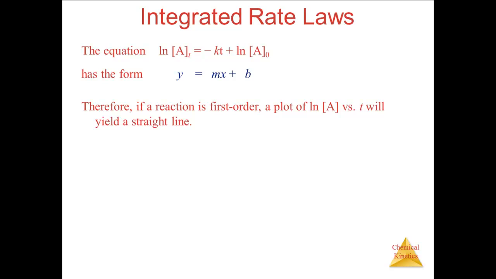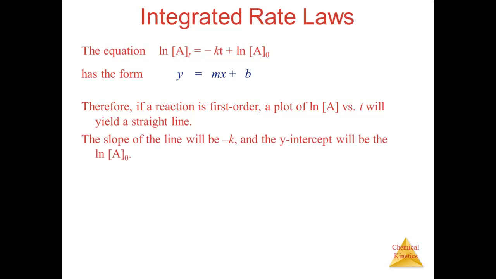This means that a graph of the natural log of the concentration versus time will give a straight line plot if the reaction is a first order reaction. In that case, the slope of the line is minus K, minus the rate constant, and the intercept of the line is the natural log of the initial concentration of A.